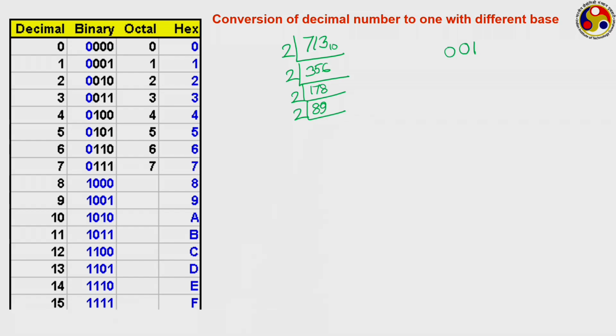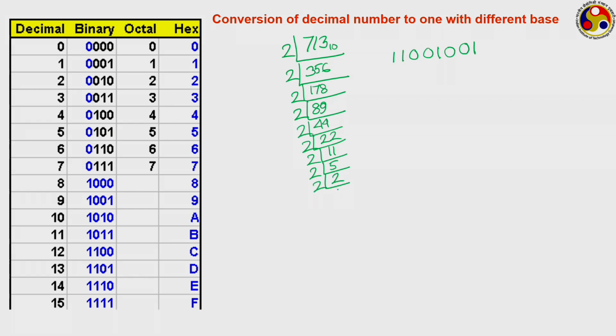So, we have done 3 steps, now you divide 89 by 2, you are going to get 44, 1 left out. Divide 44 by 2, you are going to get 22 and nothing left out as remainder. Divide 22 by 2, getting 11, again nothing left out. 11 by 2, we are going to get 5, now we are having 1 as remainder. Divide 5 by 2, you are going to get 2 and 1 as the remainder.